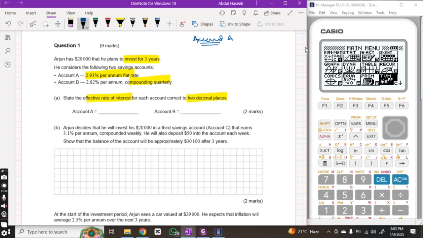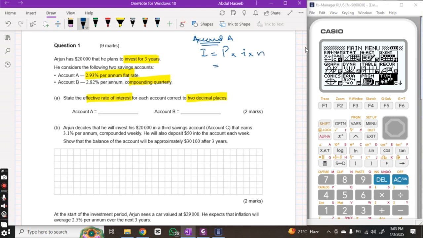for account A, if we want to find out the interest during the duration of 3 years, the formula is I, the interest I is equal to the product of the principal value multiplied by the interest rate in decimal and the number of years.